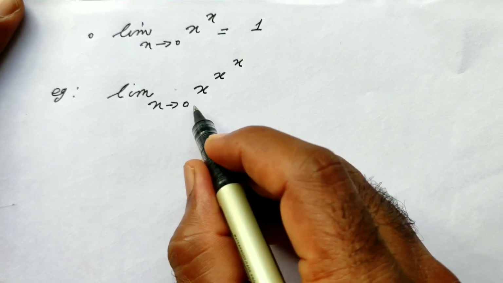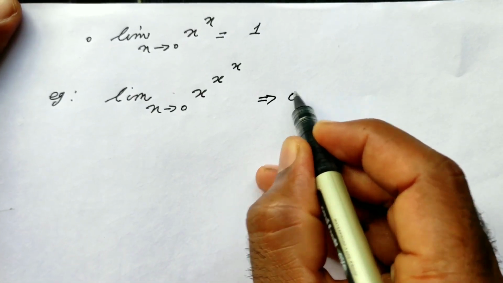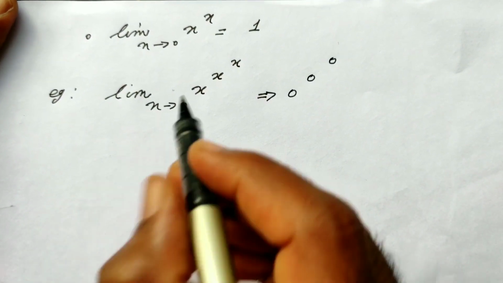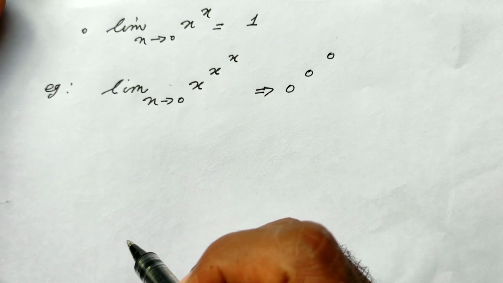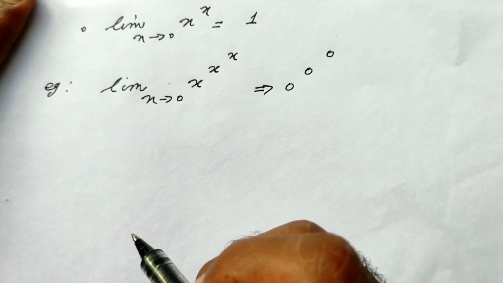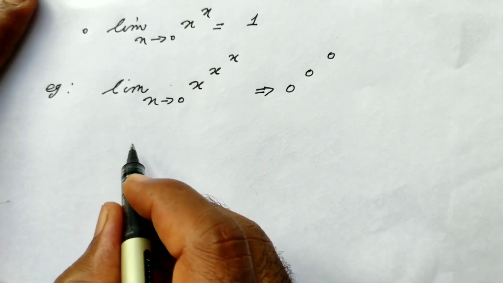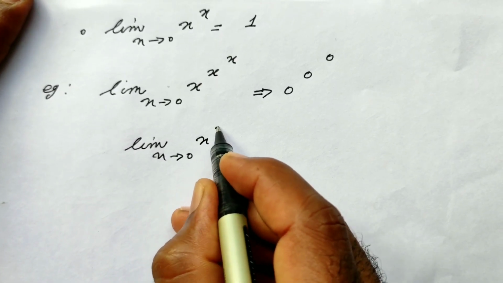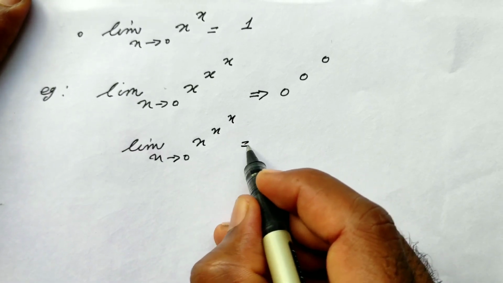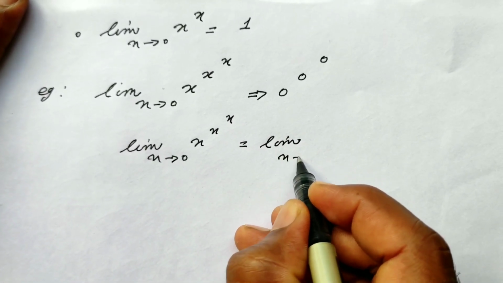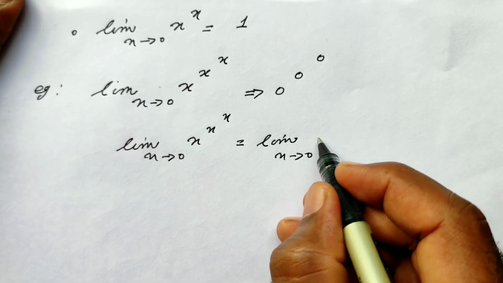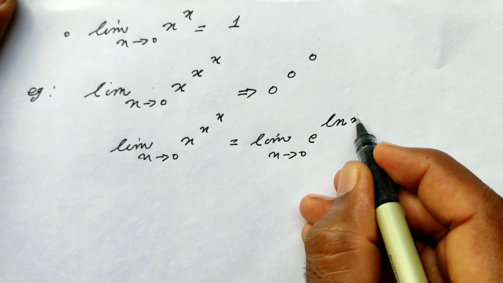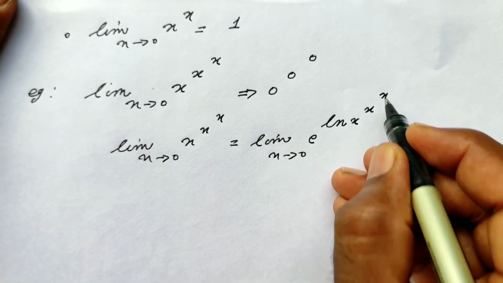When you apply the direct limit 0 here, it is in the form 0 power 0 power 0, and here two powers are there, therefore we can't apply L'Hospital rule here, but we can write limit x tends to 0 x power x as limit x tends to 0 exponential ln of x power x.